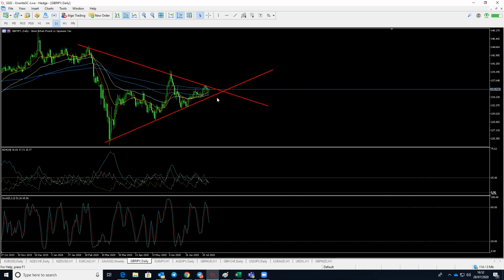Now, if it is really close to that angle right there, then it is giving us a signal that it might break out from that area quite soon. Whether it's to the upside or downside, we need to do a trend analysis. At this stage, it is moving sideways, and we're looking at the daily chart for GBP JPY, so it has not really registered the trend properly.